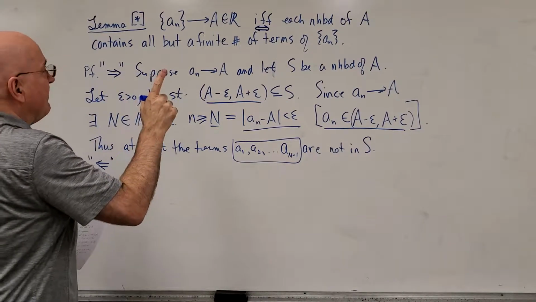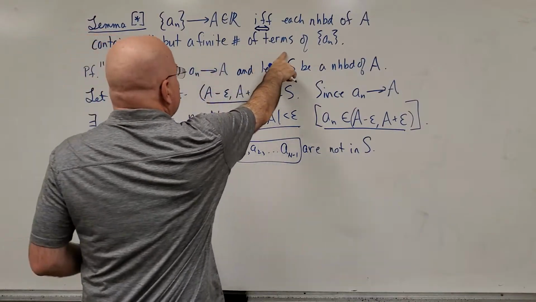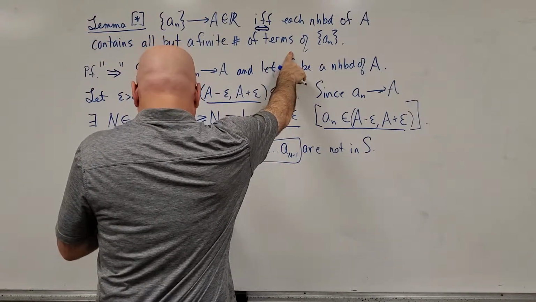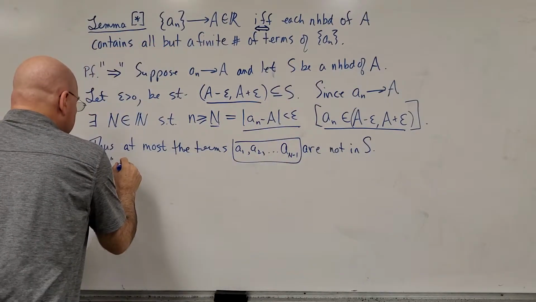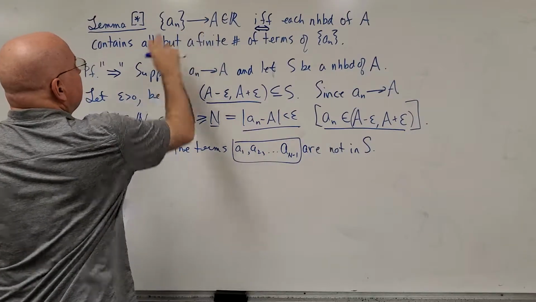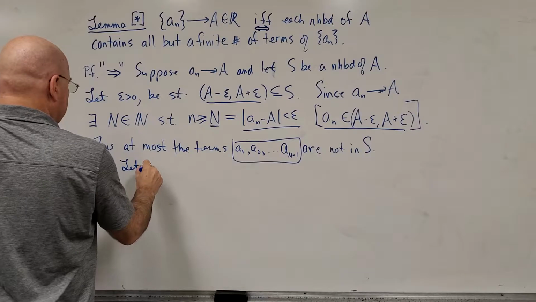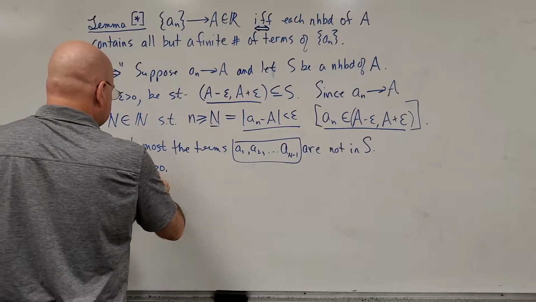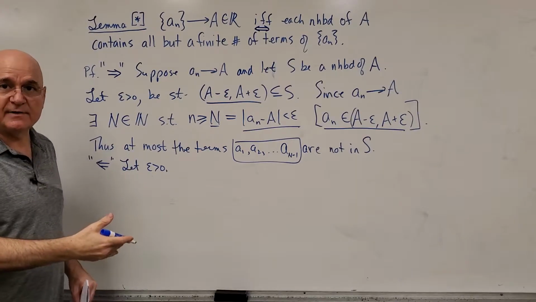All right, now I'm going to assume that each neighborhood of a contains all but a finite number of the terms of a_n. I'm going to have to prove a limit, so I'm going to need an epsilon. Let epsilon greater than 0 be given.